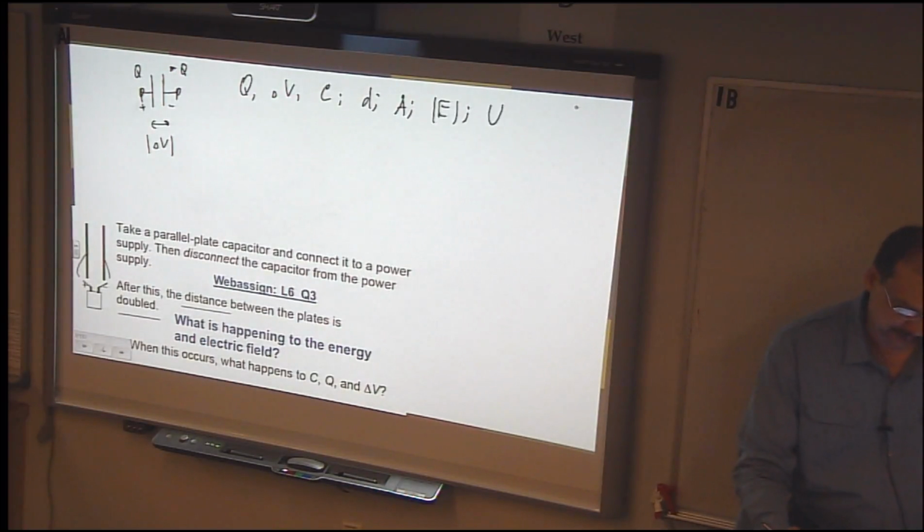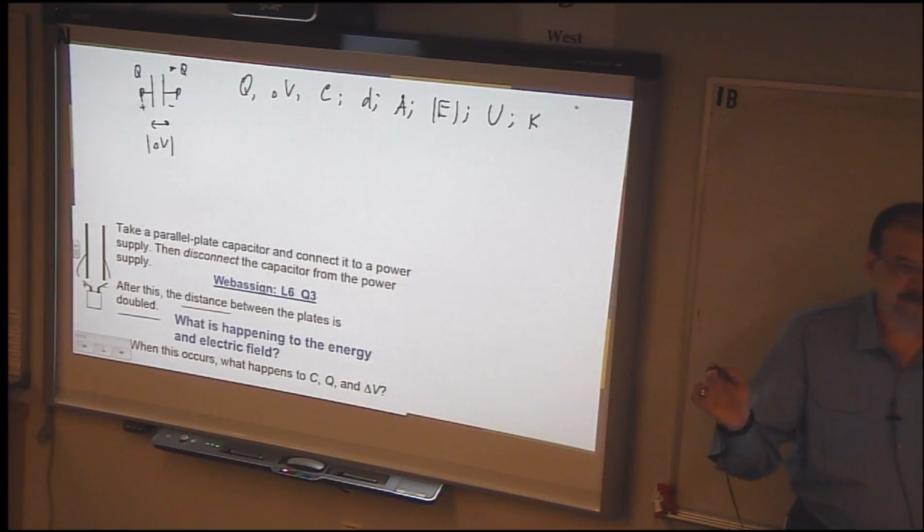Did I forget anything? Well, technically, it could have been dielectric constant if we were adding something in. So out of this list, there's one variable which is definitely constant. You tell me what it is, and that's it. Everything is very clear. What is that? What do you think?